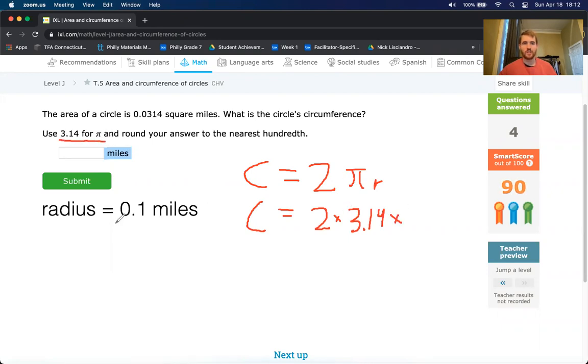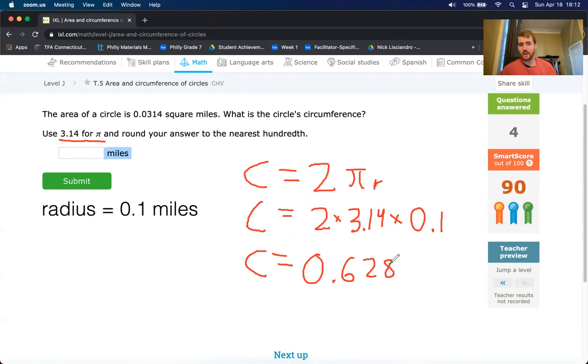And the radius we just figured out is 0.1. So now all you're going to do, put this all into a calculator. 2 times 3.14 times 0.1 is equal to C equals 0.628.